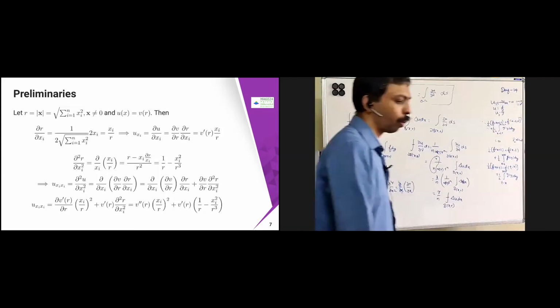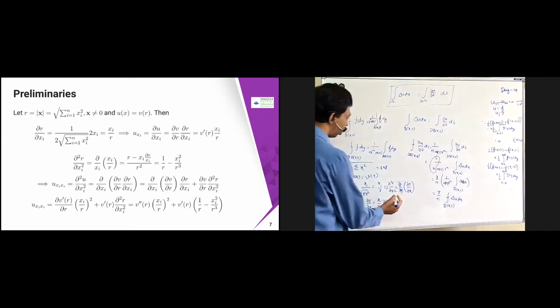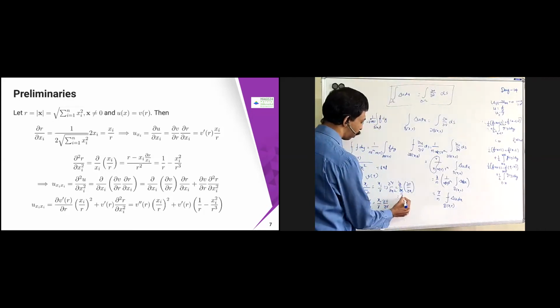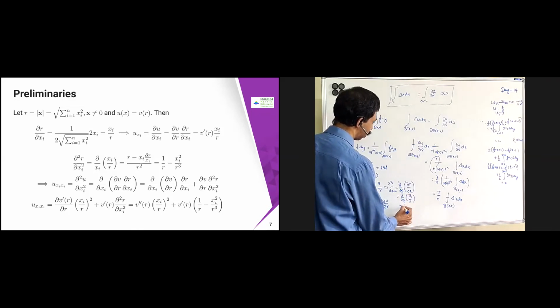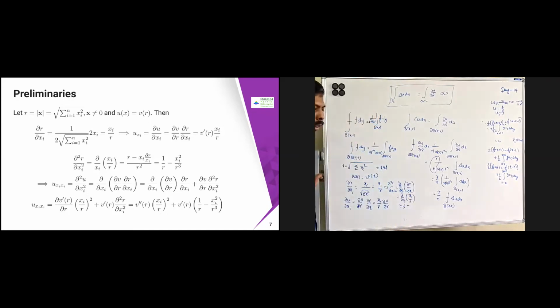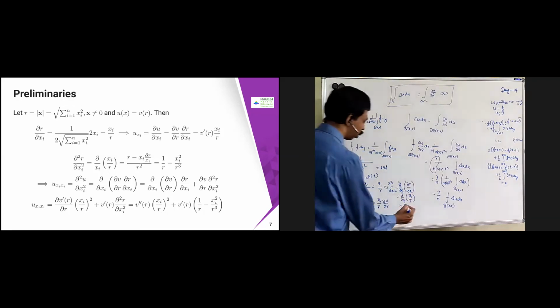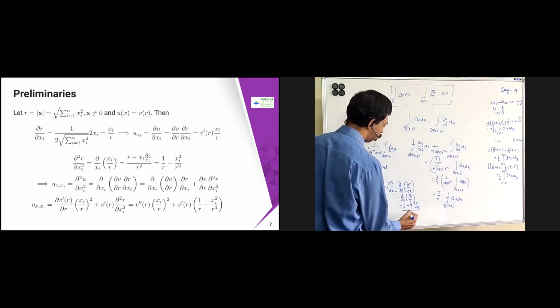So dou by dou xi of xi by r. That is going to become 1 by r, minus we have to differentiate this once again, so xi into dou r by dou xi, by the u by v rule, with r square.